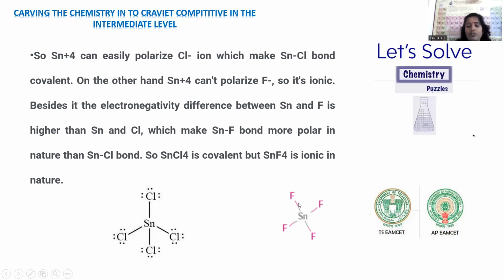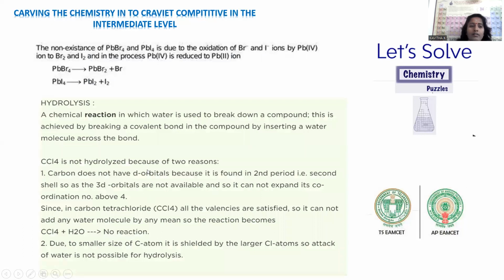Fluorine being a more electronegative atom, the bond is polar and leads to transfer of electrons rather than mutual sharing, so the tin-fluorine bond is more polar and ionic in nature. Tin-chlorine is covalent in nature. That's why tin tetrafluoride is purely ionic in nature.